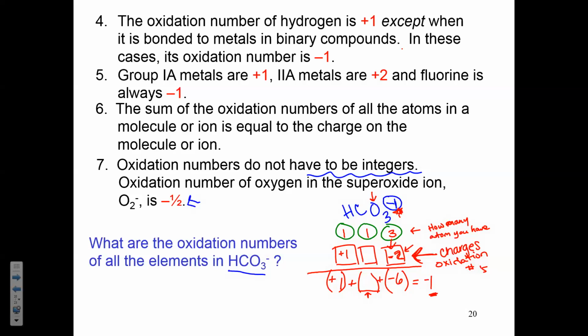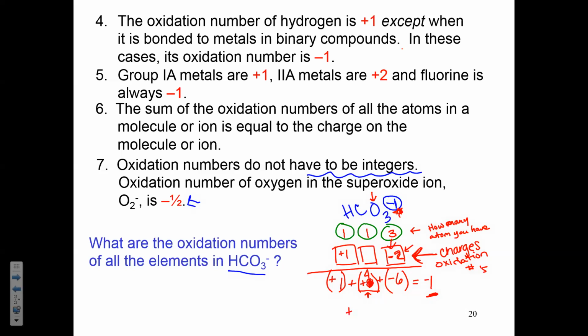And hopefully you all said, well, let's put a +5. Sorry, hopefully you all said +4. If you put a +4 there, then add that to 1, we have +5. And we're going to add all of that to a -6, and we come up with, hopefully, -1.